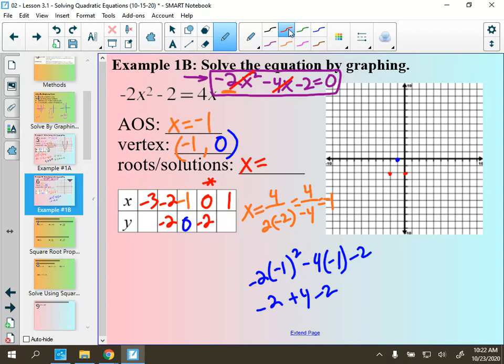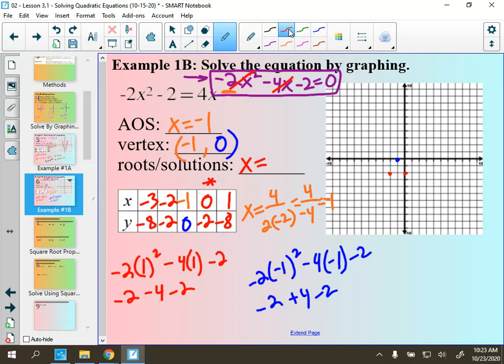So just one more point to plug in. Again, watch that negative a value. 1's getting plugged in here, minus 4 times 1, and then minus that 2. So negative 2, but this time it's minus 4, and then minus 2. So negative 8 it looks like we're going with here.